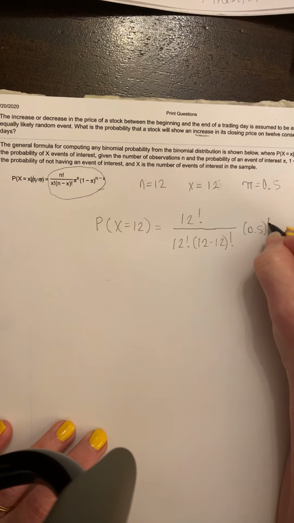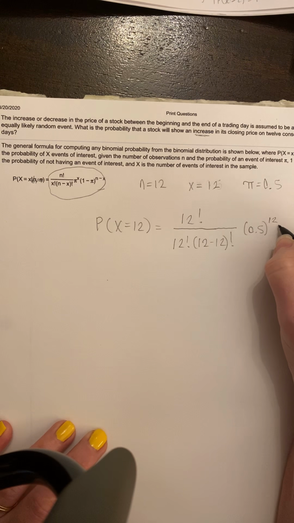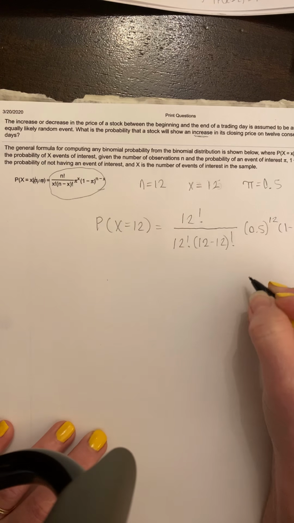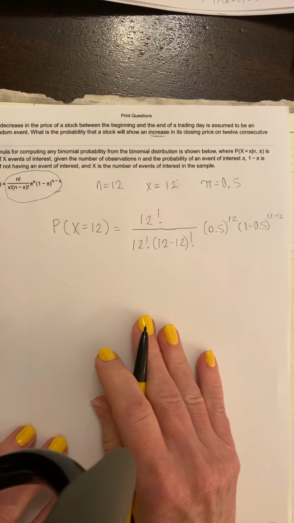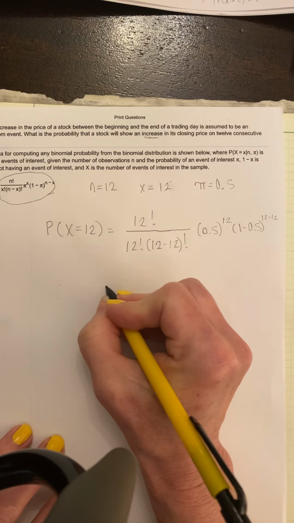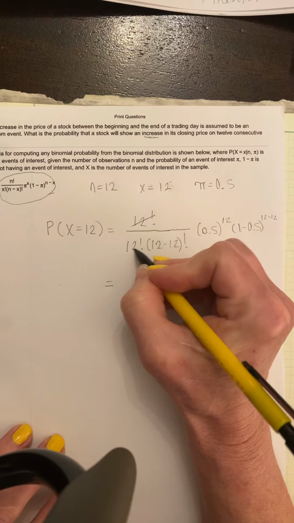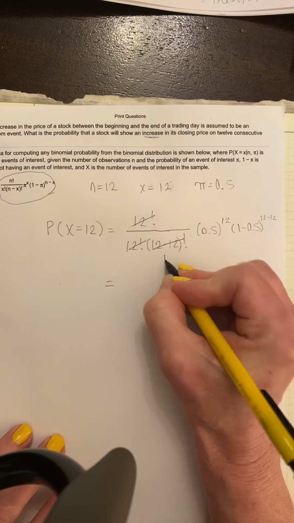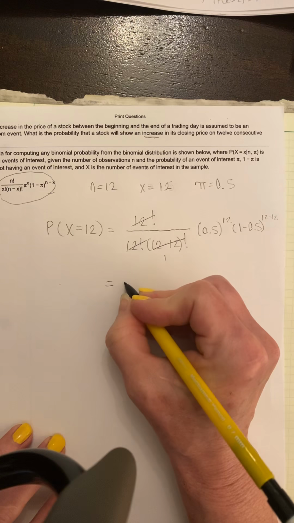Again, we're looking at 12 days in a row. And then 1 minus the probability to the n minus x power. And that's going to zero out. Make sure you can see that. Okay? So, these cancel. 12 minus 12 is 0. 0 factorial is 1. So all that cancels out.